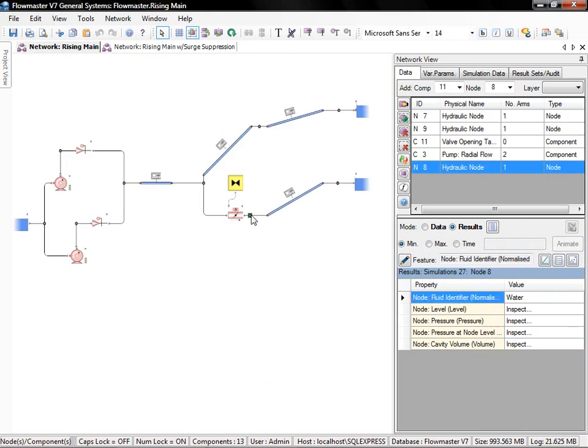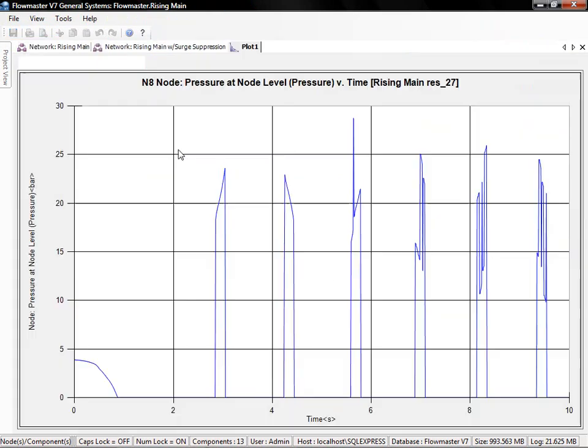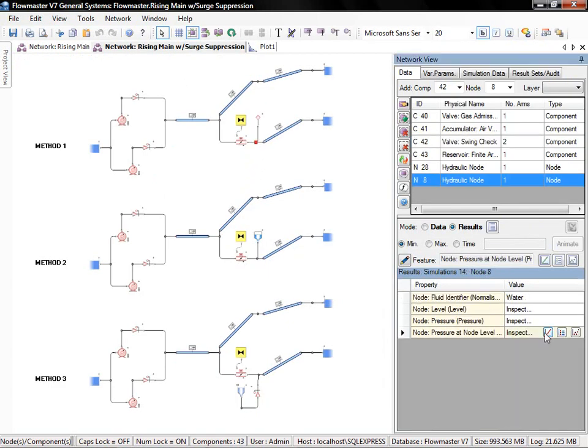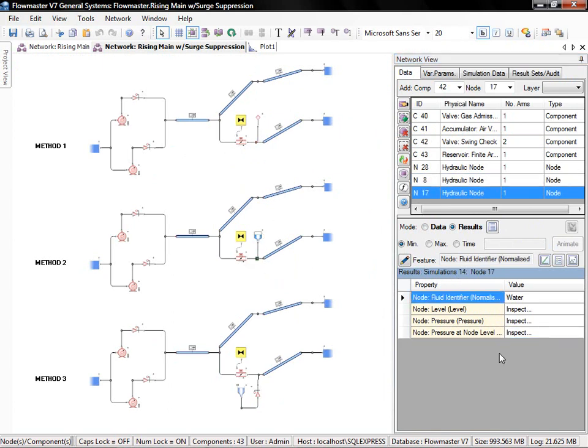And then from the three different suppression techniques, they have different magnitudes based on the type of technique, but they also have different overall shapes with some more oscillation, some less oscillation.